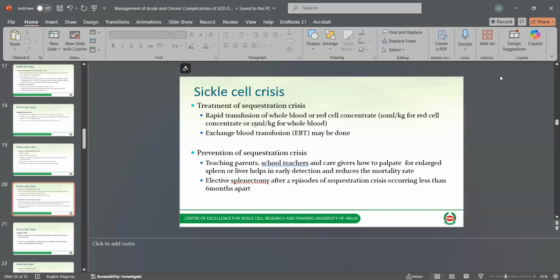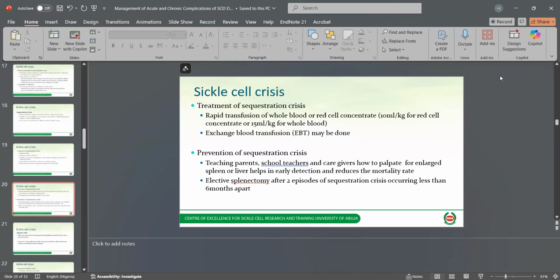Exchange blood transfusion may be done. This is actually better because you are taking blood out and giving another blood, so the tendency to have circulatory overload is minimized.